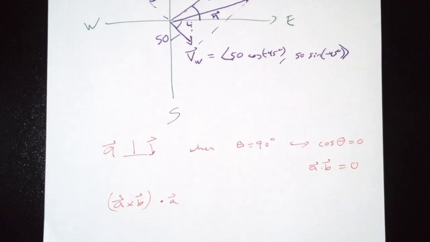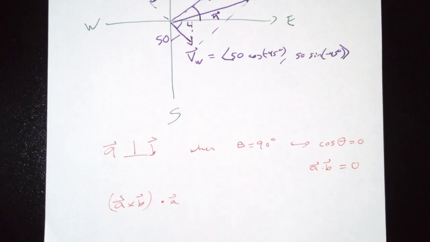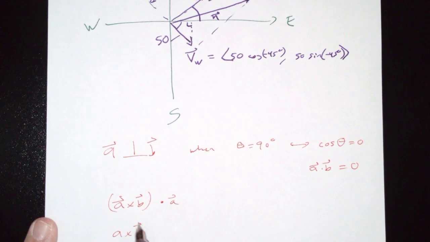And then you do the same thing with A cross B dot B. If both of those are 0, then your angle between the cross product and both of those vectors must be 90 degrees.